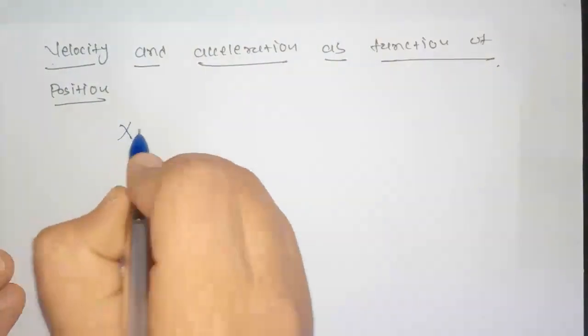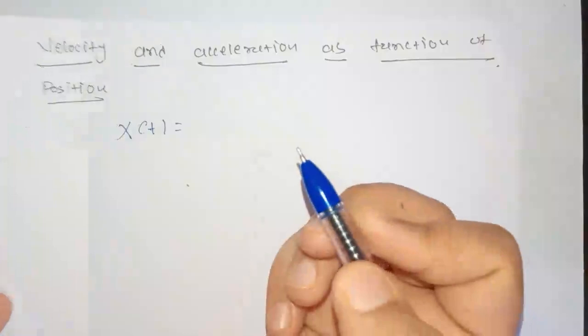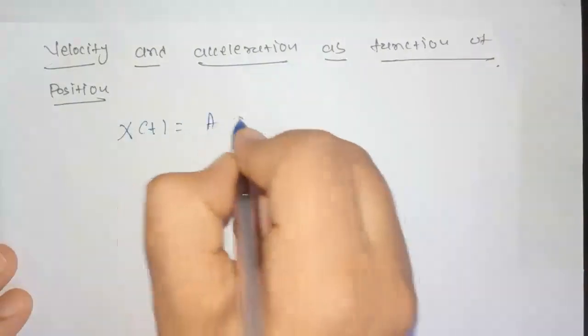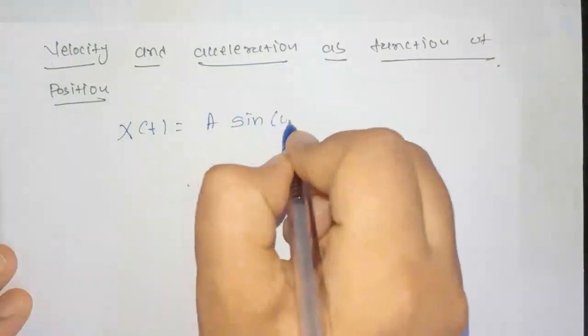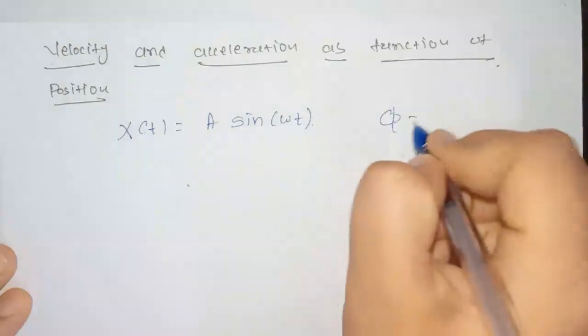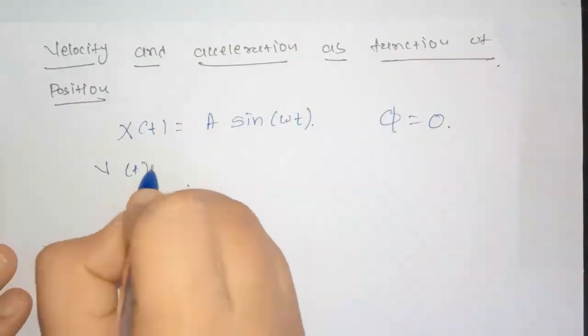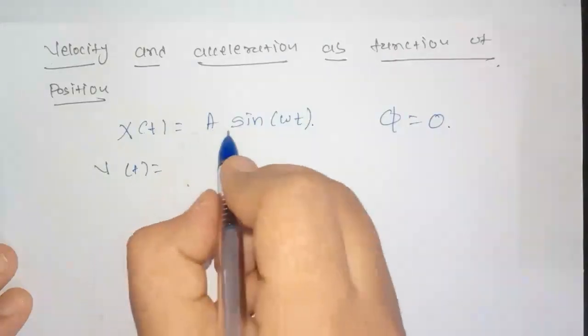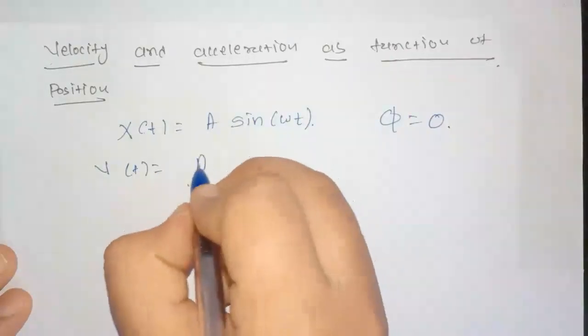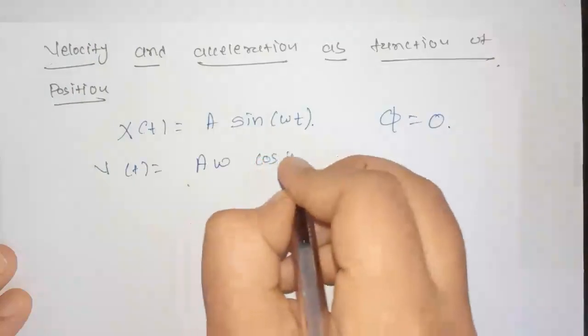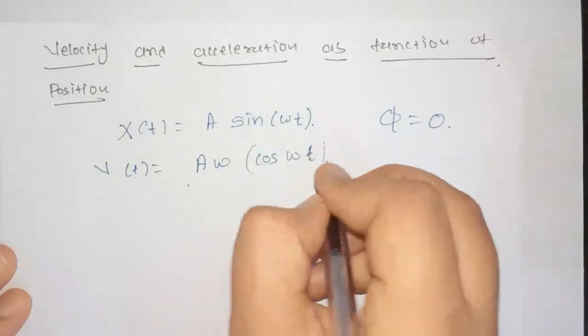The equation of displacement is given by x = A sin(omega t). Here we are considering initial phase to be 0. The velocity will be differentiation of x of t with respect to time. That will be A omega cos omega t.